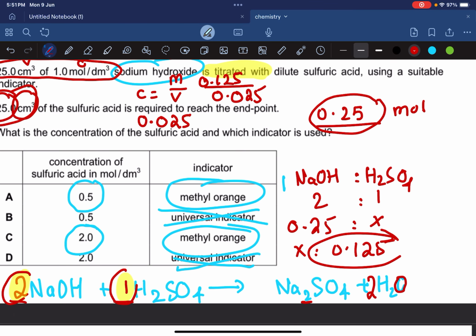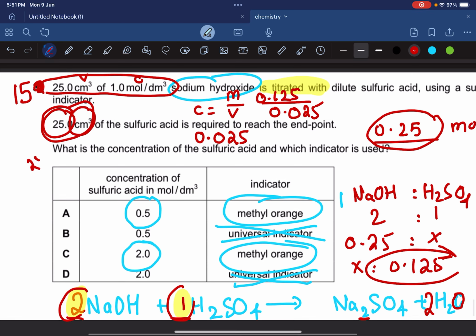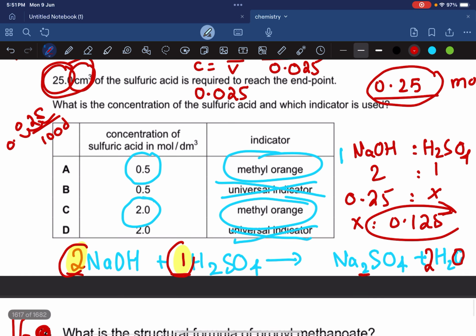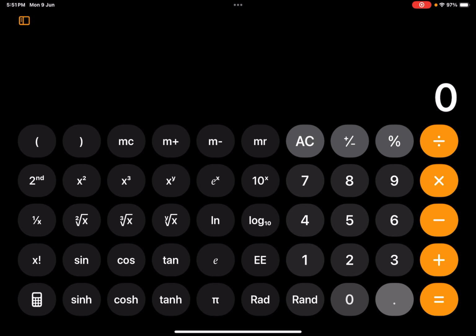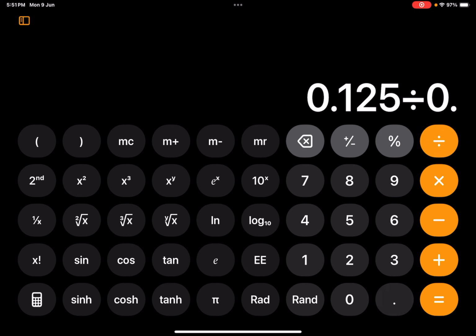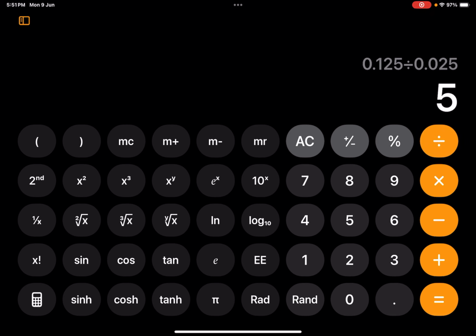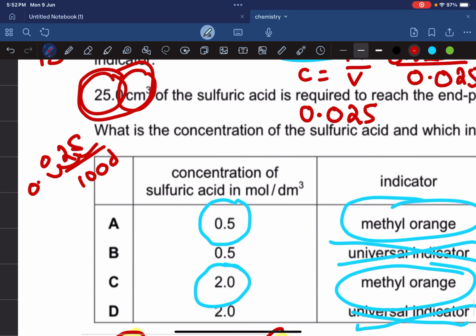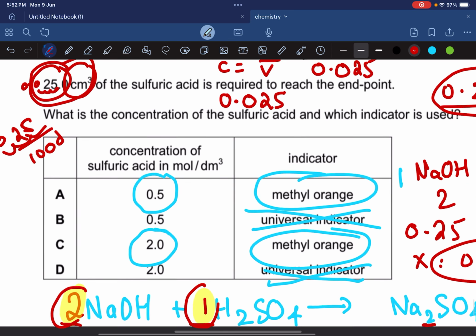I just had to take 25 divided by 1000, so 0.025. Okay, 0.125 divided by 0.025. Okay, now it's correct. Sorry, I just made a mistake in dividing by 1000. So it's coming out correct, but that was the main error.